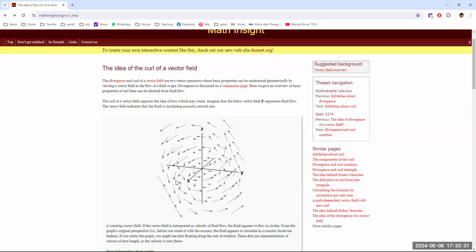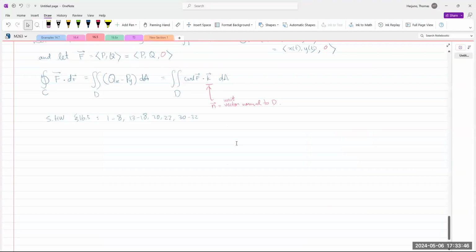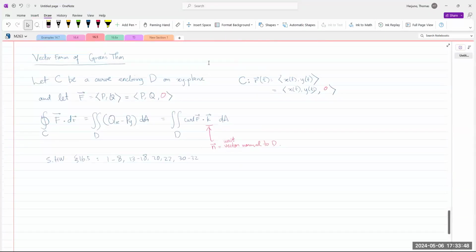I believe they will also tell us about the same thing about the rotational property and expansion property of the fluid. Okay, that's for 16.5. We will go on with 16.6.